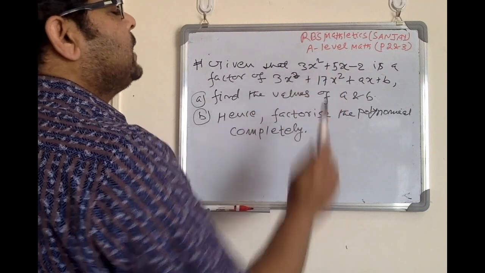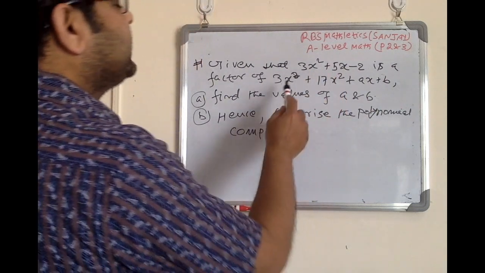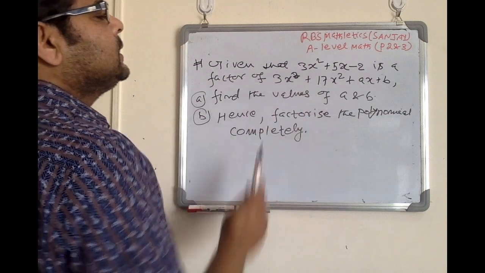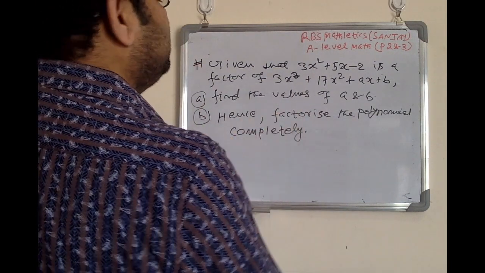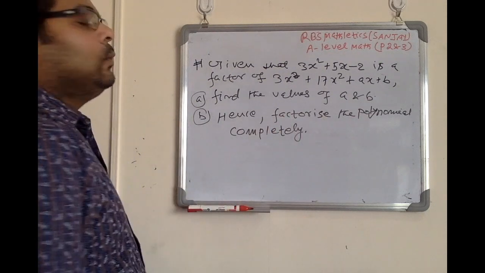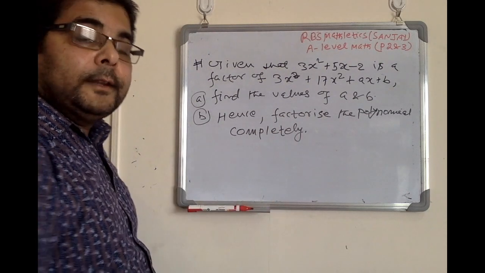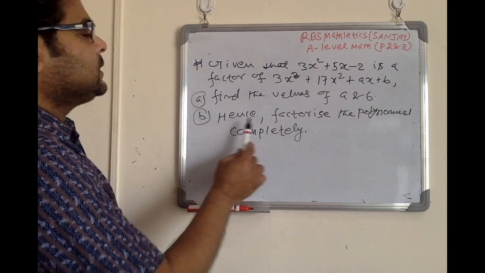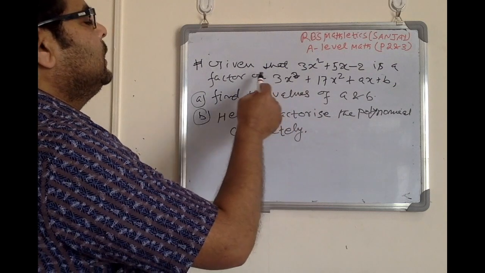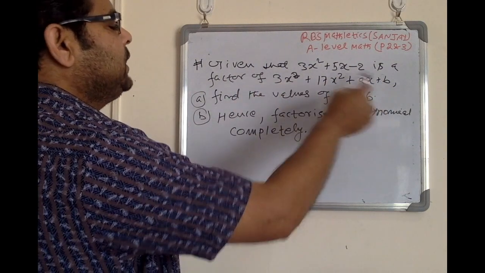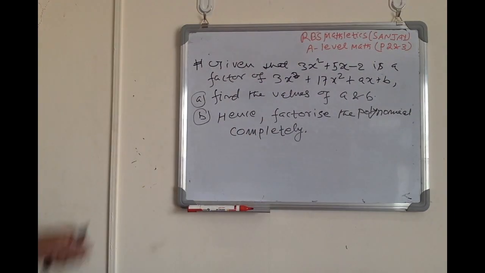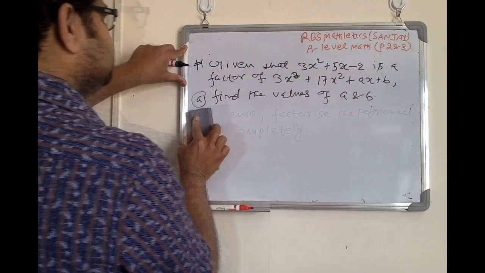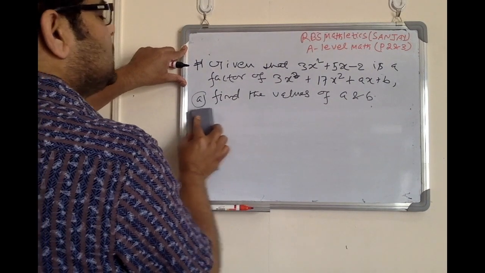In that case, you have to find the value of a and b, and once you get the value of a and b, then you have to factorize this polynomial completely. So let's see how it can be done. So at this time, I'm doing question number A first of all.